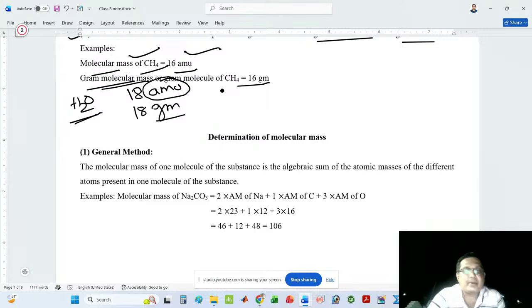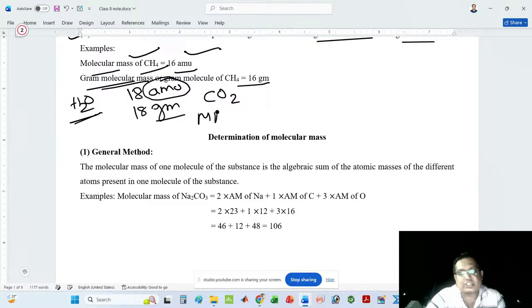You can take another example. Suppose I take another molecule, carbon dioxide. Here the molecular mass of carbon dioxide equals 1 into 12 plus 2 into 16.